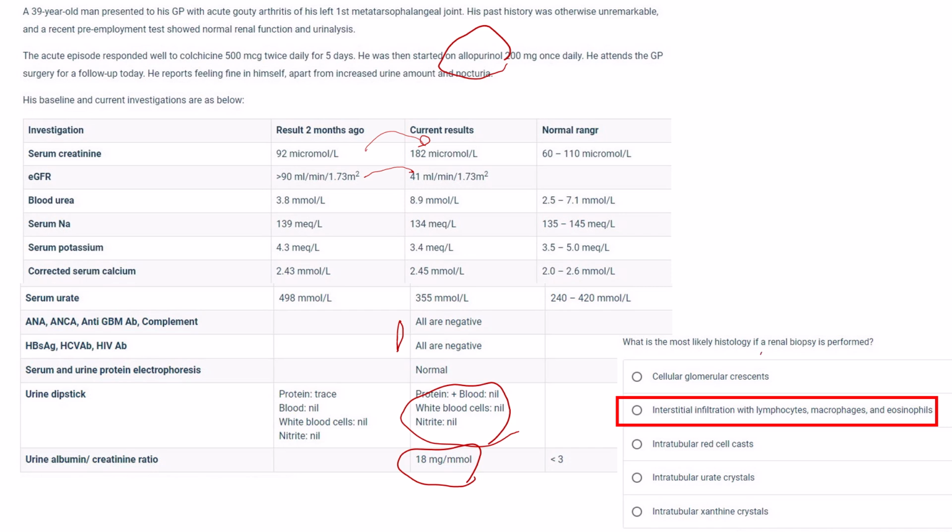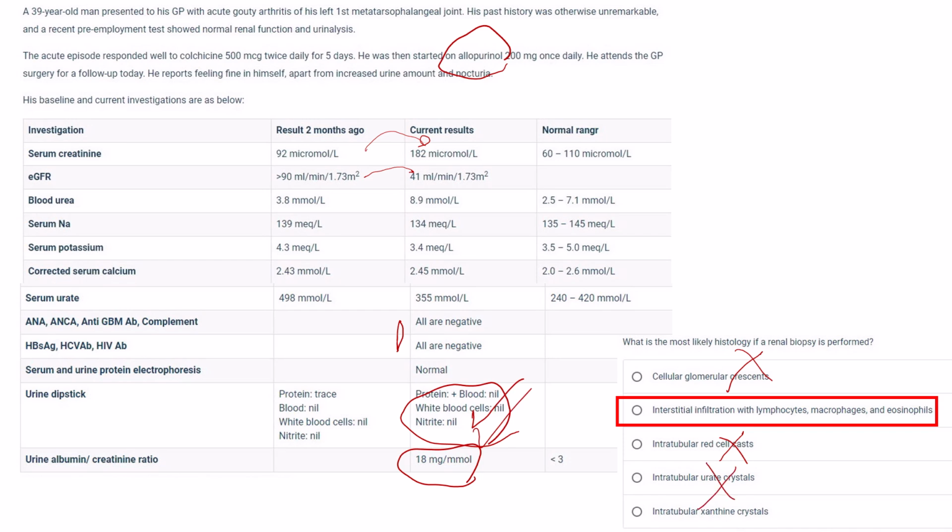For sure, it is not glomerular crescent and it is not red cell cast, because glomerular crescent and red cell cast, as we mentioned in the course of glomerulonephritis, present especially with rapid rising of serum creatinine and with more red blood cells in the urine. It is not urate crystals.